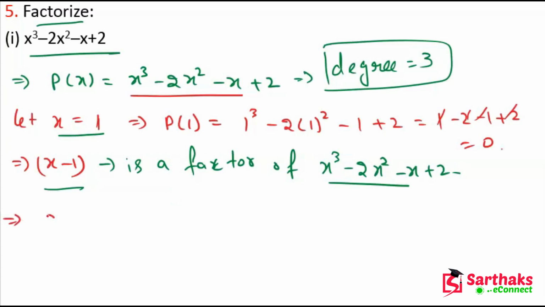So now we have to divide x cube minus 2x square minus x plus 2 by x minus 1. We have to divide it by the long division method.